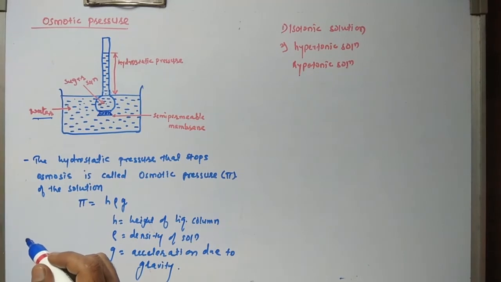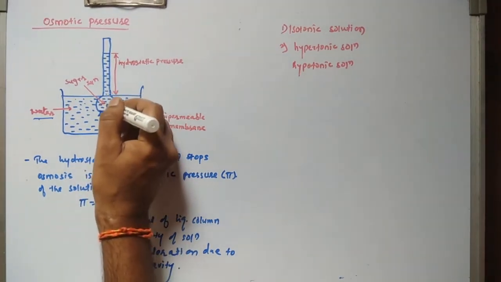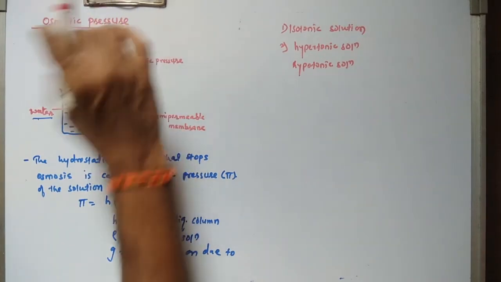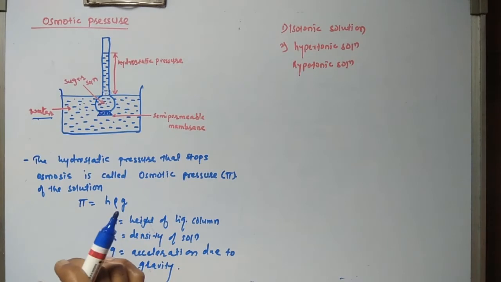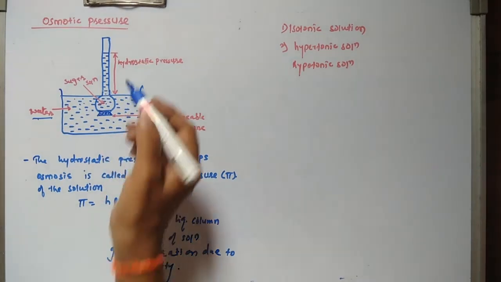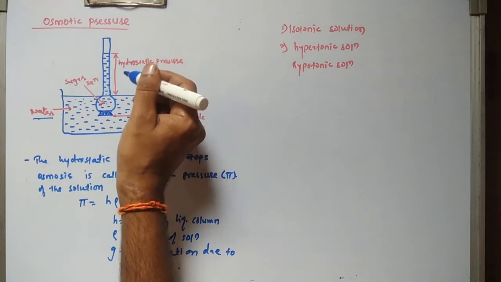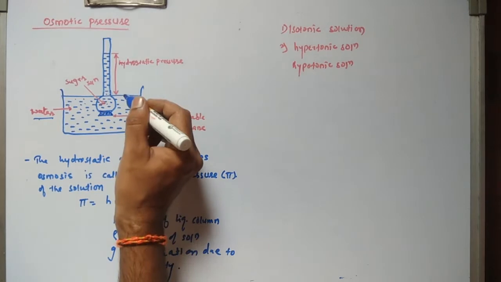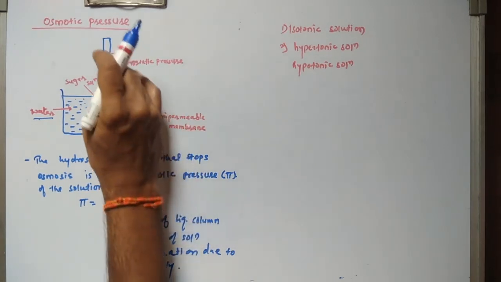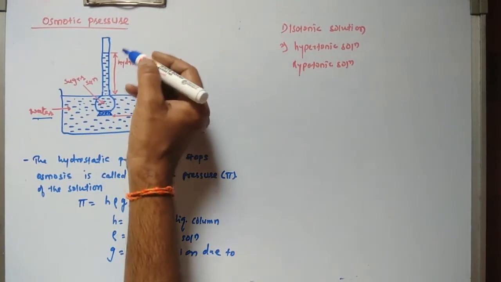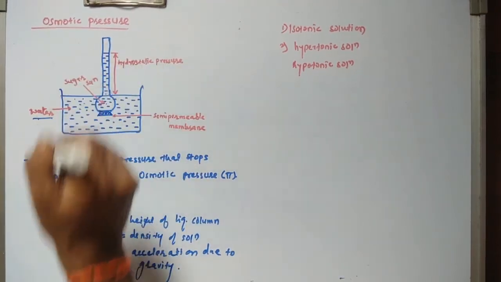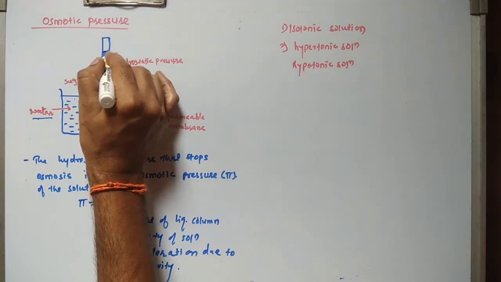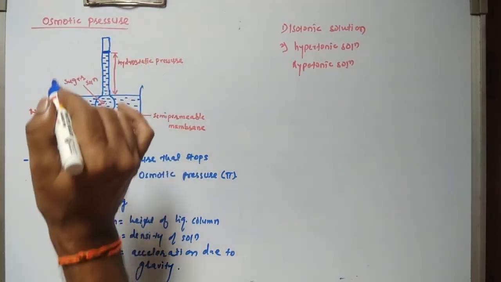As the liquid rises in the neck of the thistle funnel, it creates hydrostatic pressure that pushes the solvent back through the membrane into the container. The column of liquid in the neck continues to rise, and after some time the rising stops. The level of the liquid in the tube remains constant.